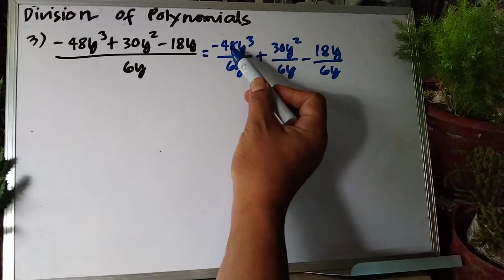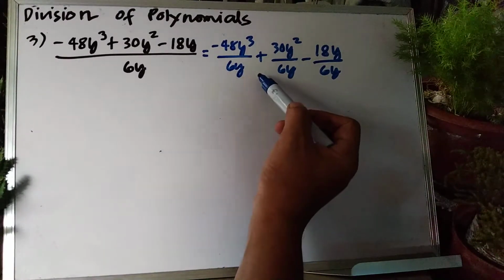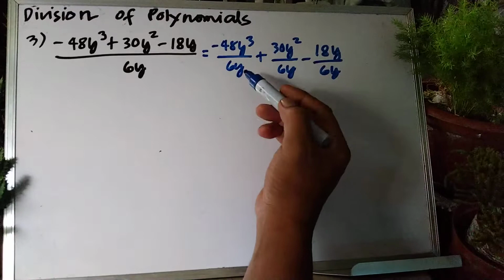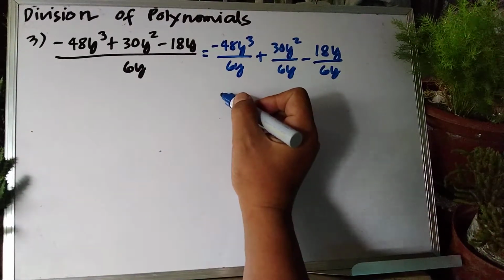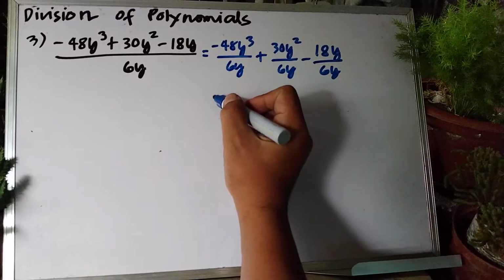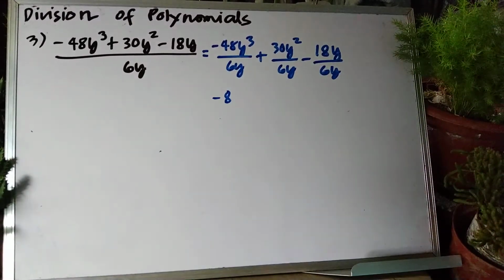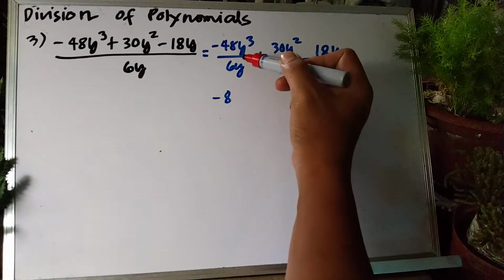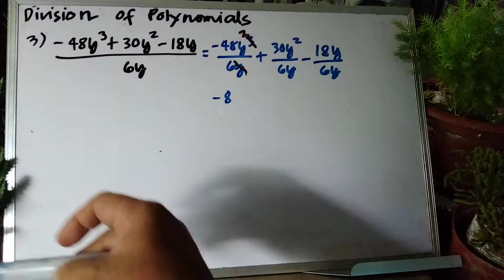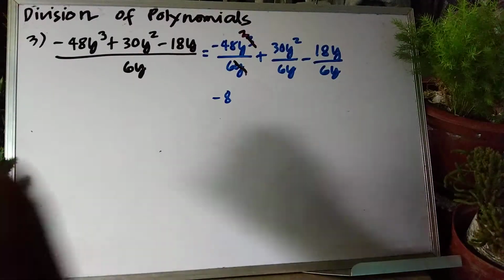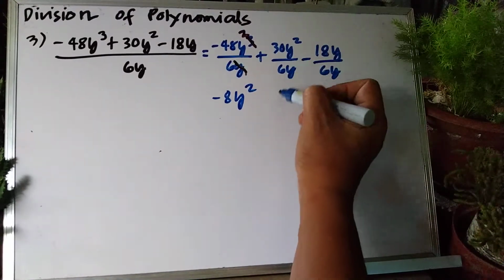So, continue. What is negative 48 divided by 6? You have negative 8. Then, look at the y. Makancel na to, y man siya. So, dito, squared na lang siya. So, you now have negative 8y squared. How about 30 divided by 6?